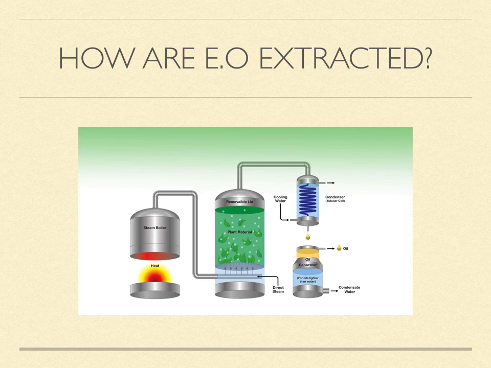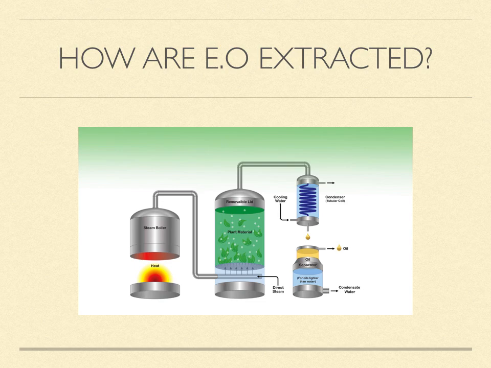So the steam distillation process can last from a few hours to 24 hours. And the benefit of that is that we are then able to not heat up the plant material too much, since water boils at around 100 degrees. The plant material is not subjected to higher temperatures than 100 degrees, and so the odorous molecules are not denatured by too much heat.